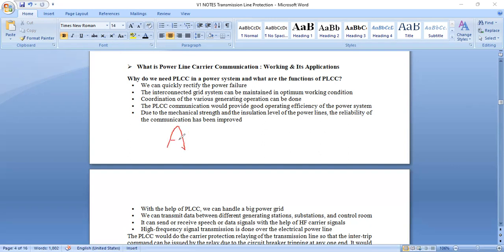This is substation A and this is substation B. Then there is communication from the power station to the substation, then from the load dispatch center to the substation, and third, from the load dispatch center to the power station. This type of communication is very much required for the substation.